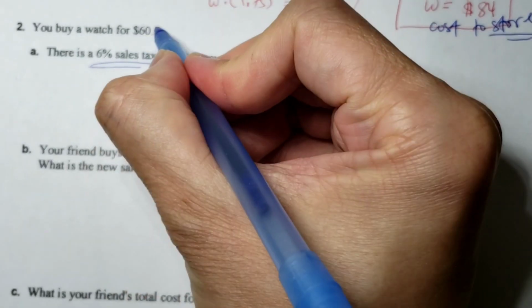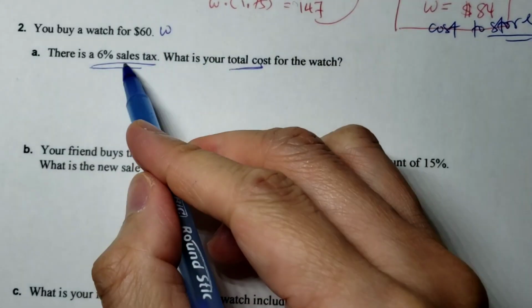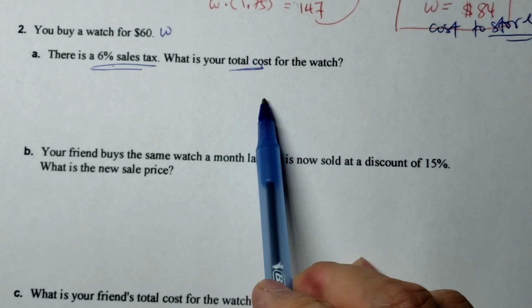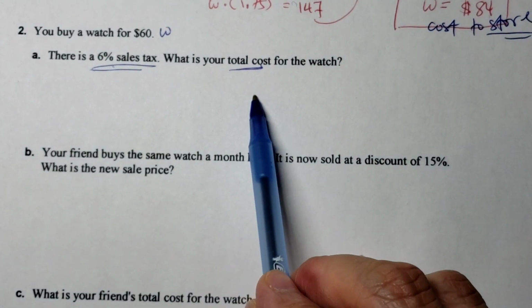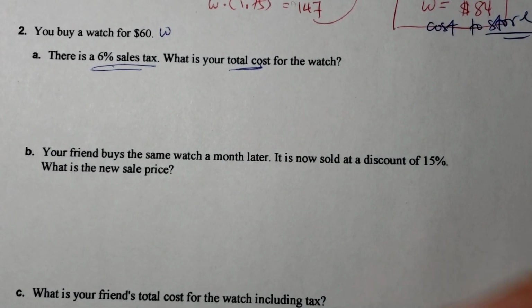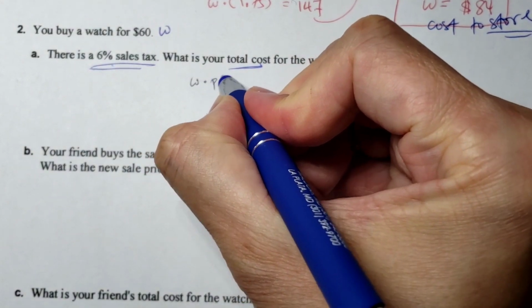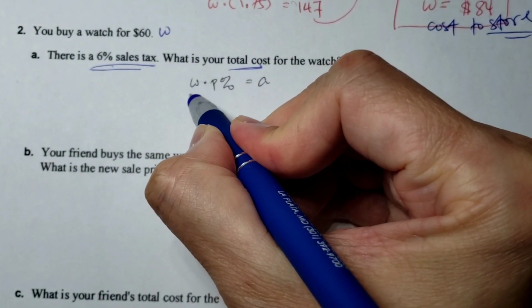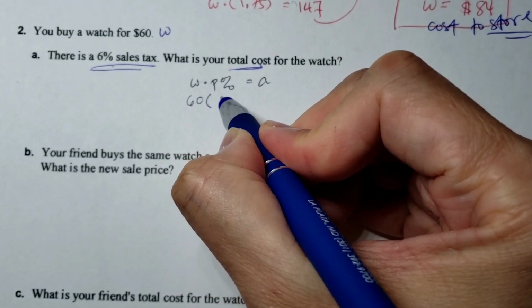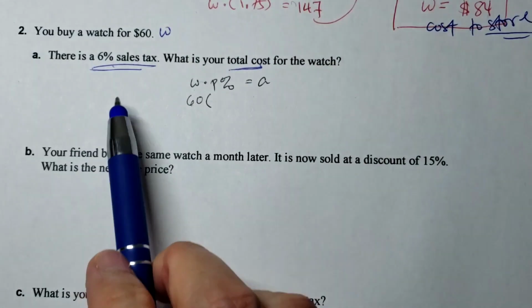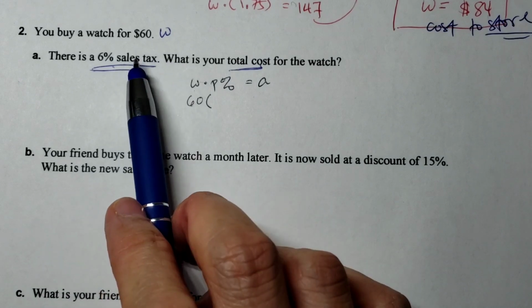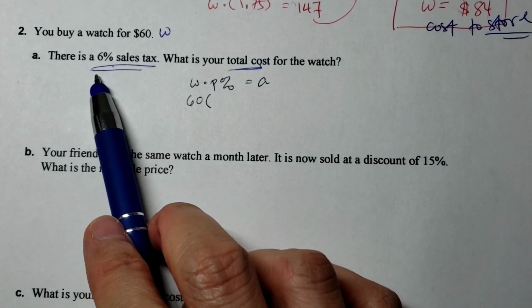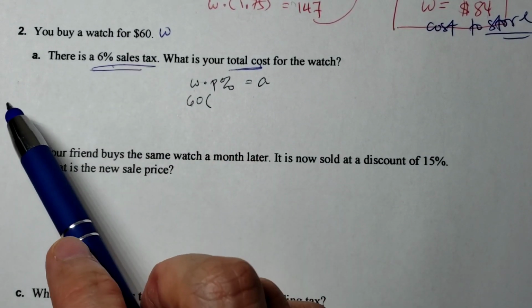So this will be our whole. This is the original price. This is the percent, as we know. And this will be the total cost. So let's apply the formula. W times percent equal to A. The W is our 60. Sales tax. Now, is sales tax being added or being subtracted from the price?